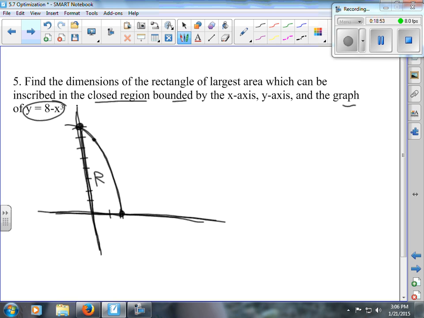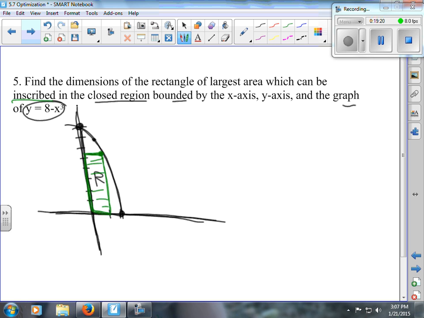Now, what we're doing with this region is we are inscribing a rectangle inside of it. So to inscribe a rectangle, that means we have to put the biggest rectangle in that we can. And so the corner is going to have to touch that curve. So maybe this green rectangle will have the most area.